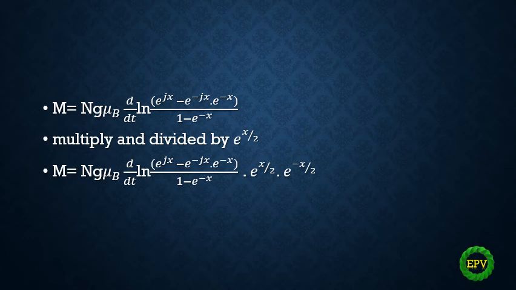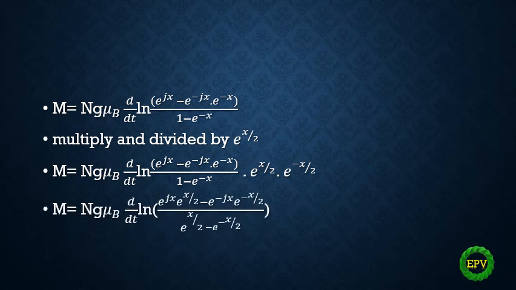That is, e raised to jx is multiplied by e raised to x by 2, e raised to minus jx is multiplied by e raised to x by 2, and e raised to minus x is also multiplied by e raised to x by 2 into e raised to minus x by 2. Then the final result can be obtained as this.